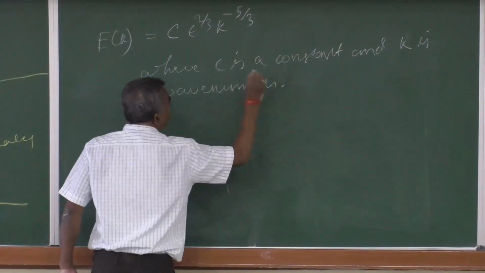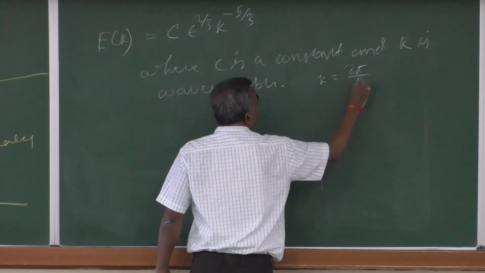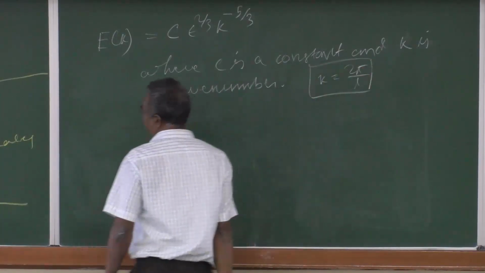Okay. That means k is equal to 2 pi by lambda, or L you can consider here. Okay.